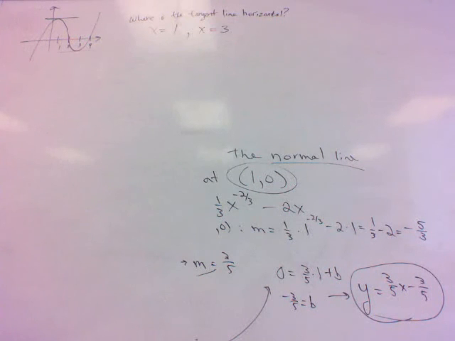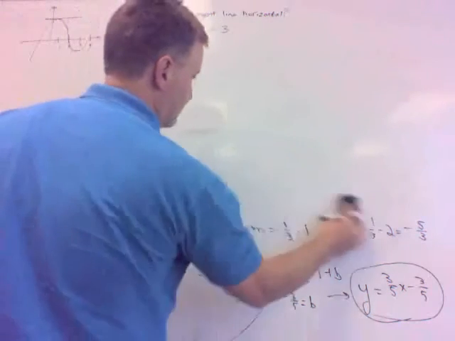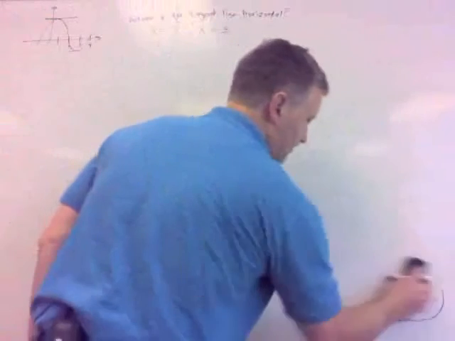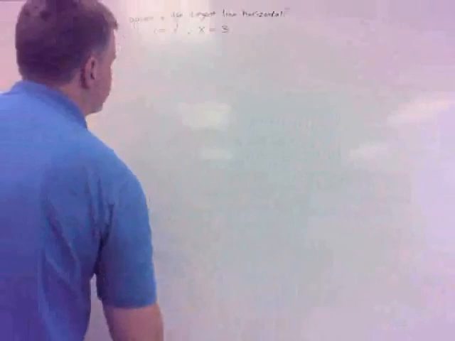All right, well, what's special about that, from the calculus perspective? What do we know about where the tangent line is horizontal? Well, we're talking derivative. What's the derivative at the horizontals?